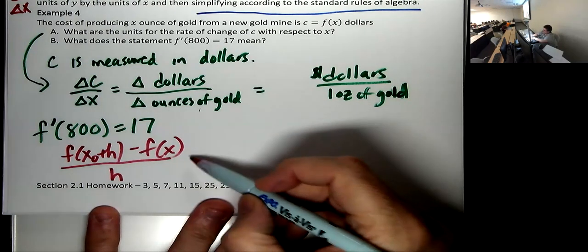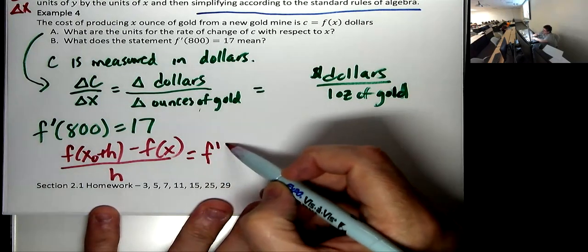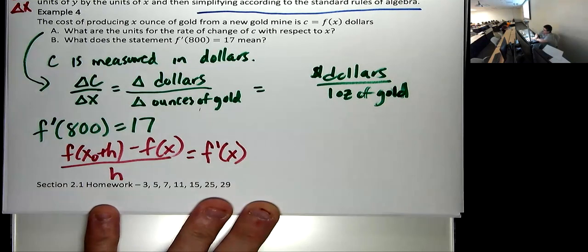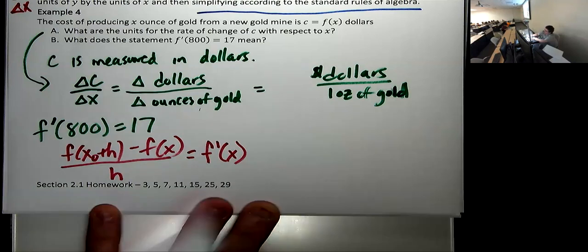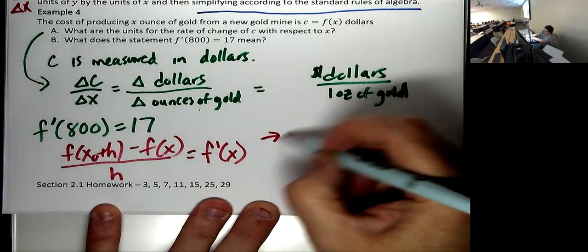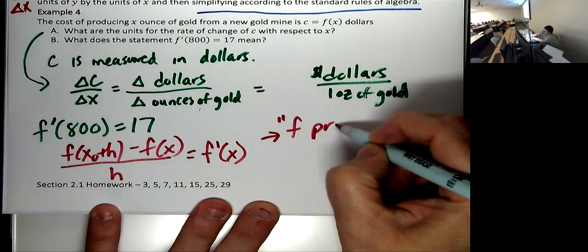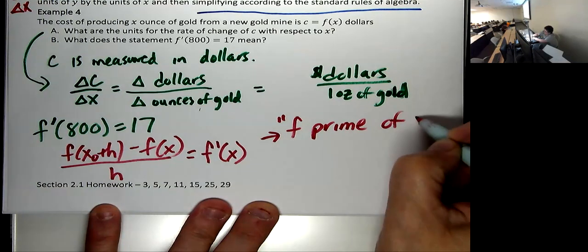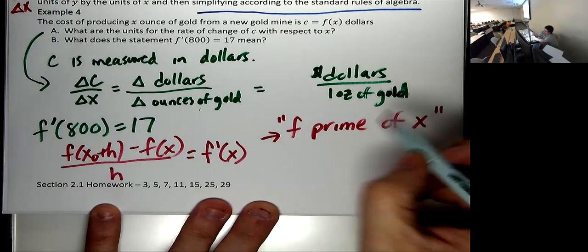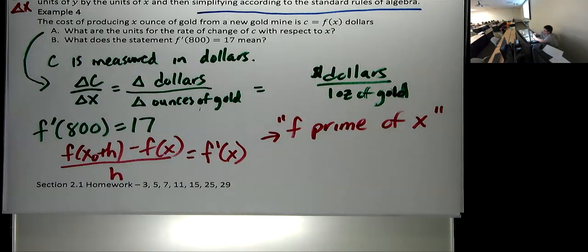That's tedious to write, so we tend to write this as F prime of X. The apostrophe symbol means prime.